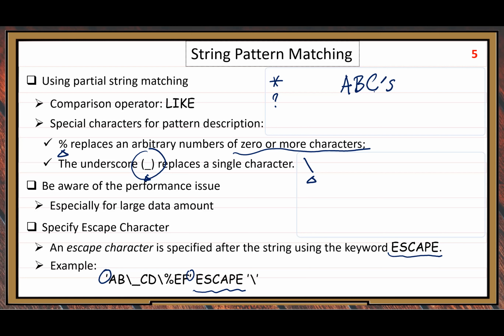You double it. We represent a string with a single quote, A, B, C, apostrophe, but this time you want to make it a non-delimiter of the string, so apostrophe, apostrophe, double it.